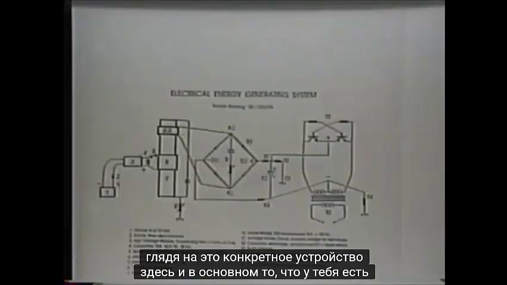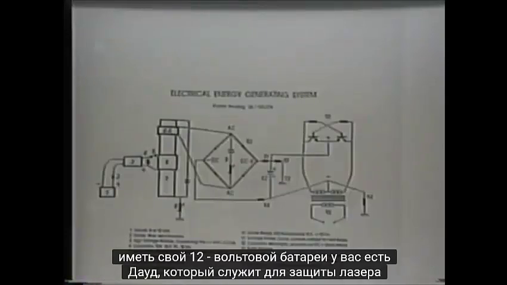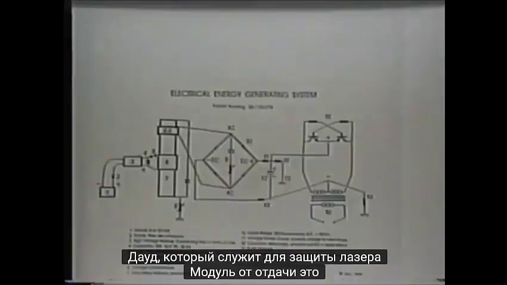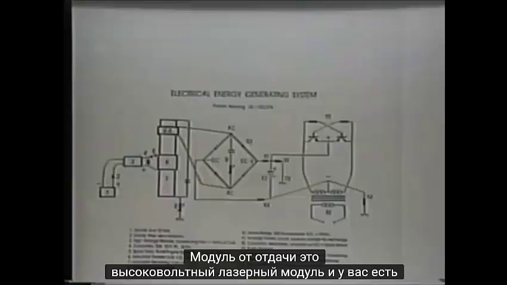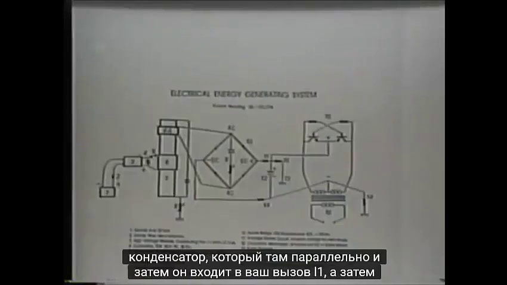Basically, you have your 12-volt battery. You have a diode which serves to protect the laser module from a kickback. This is a high-voltage laser module, and you have a capacitor that's in parallel there, and then it goes into your L1 coil and then comes back.